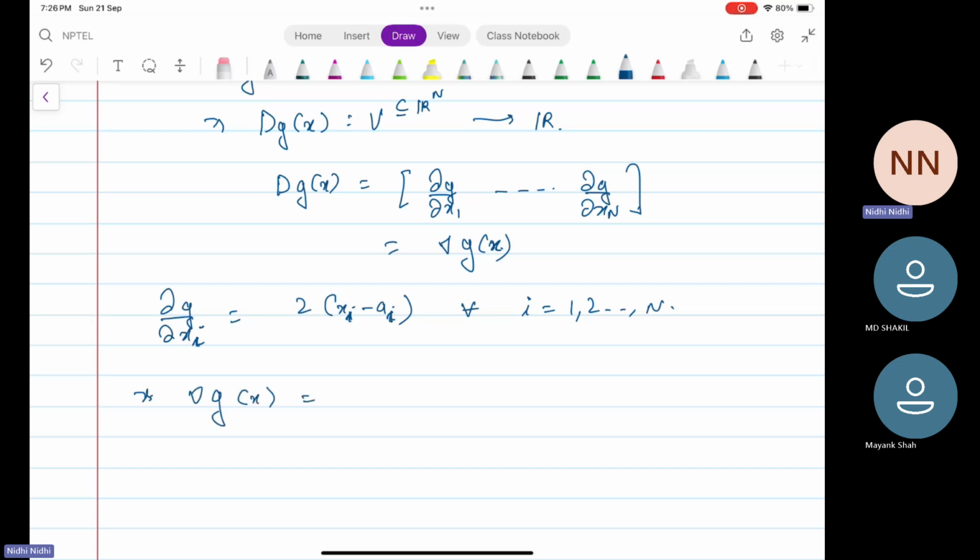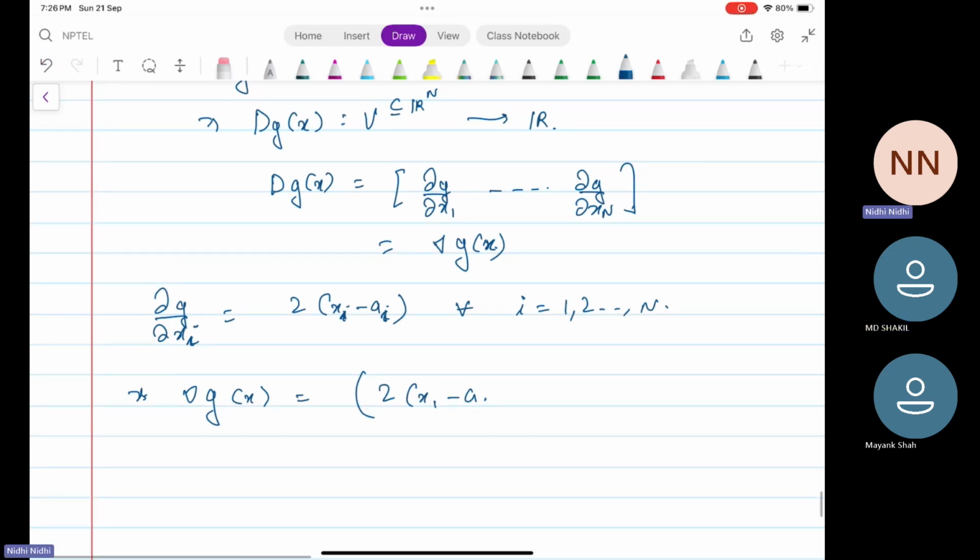It is a vector: 2 times x1 minus a1, and so on up to 2 times xn minus an. So this is the vector 2x minus 2a.